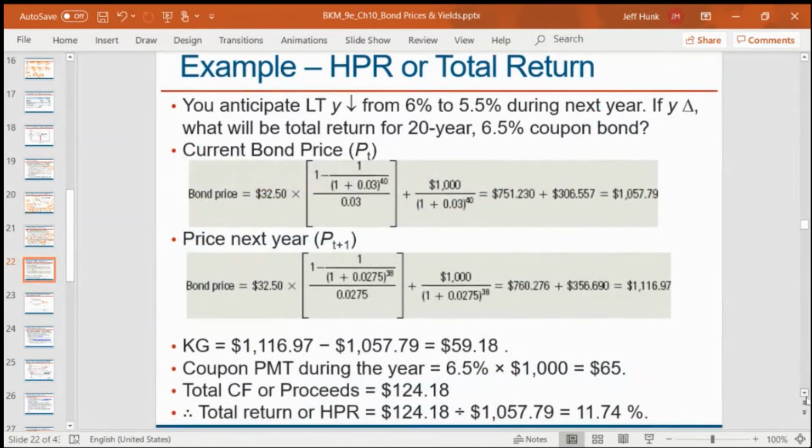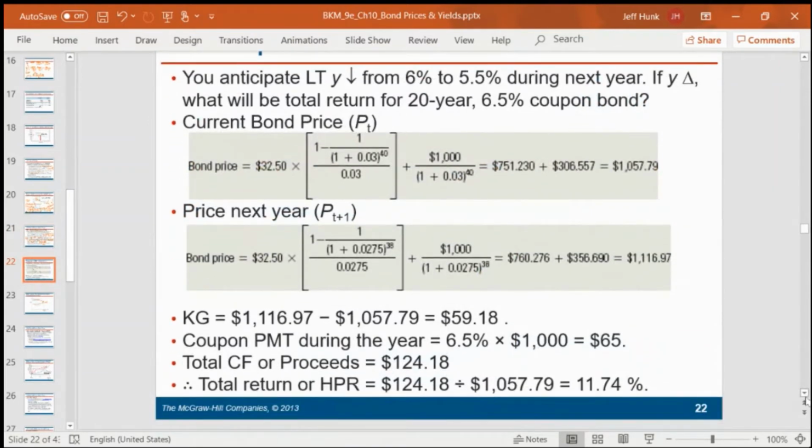Now let's take a look at another example. If we can predict our holding period return, we can also find a way to maximize our holding period return or total return. In the previous example, the prevailing market rate was constant. But now let's think about the case where the prevailing market rate changes.